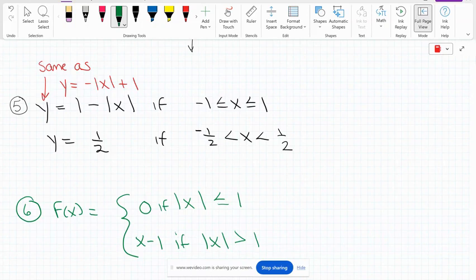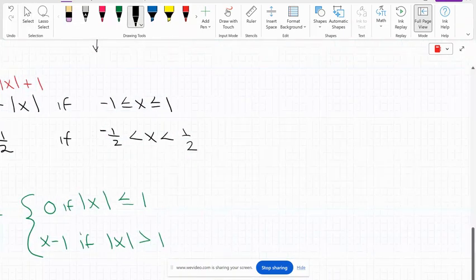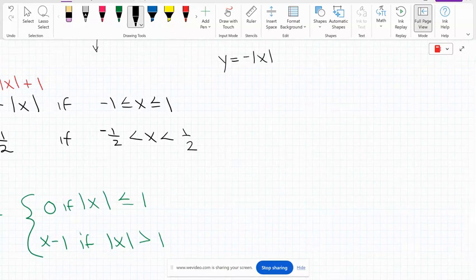All right, let's go over this. So for this first one, we have y is equal to the negation of the absolute value of x plus 1. And that's under a restricted domain if -1 is less than or equal to x, which is less than or equal to 1.